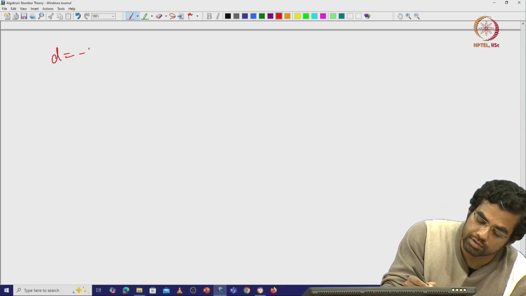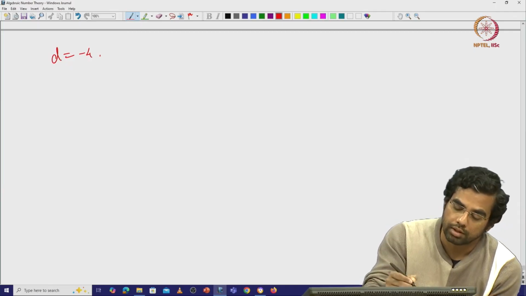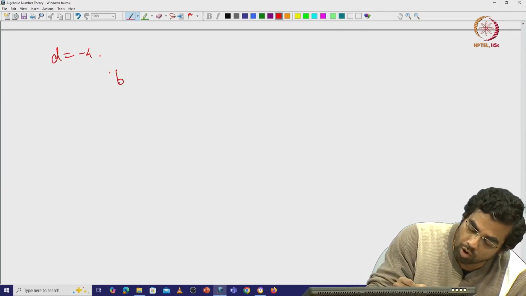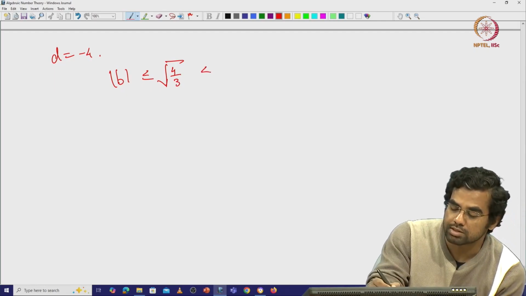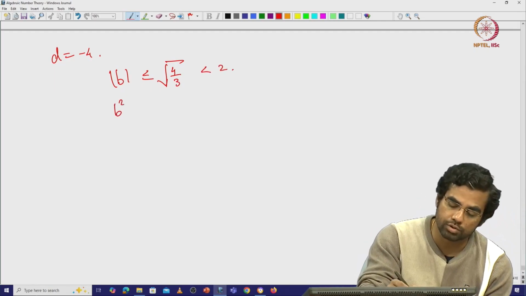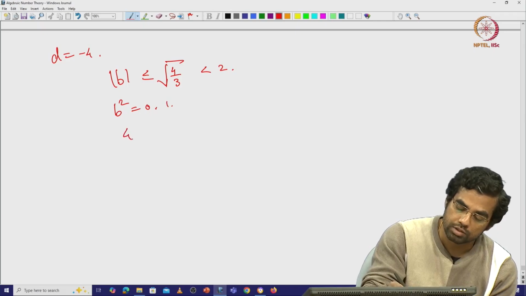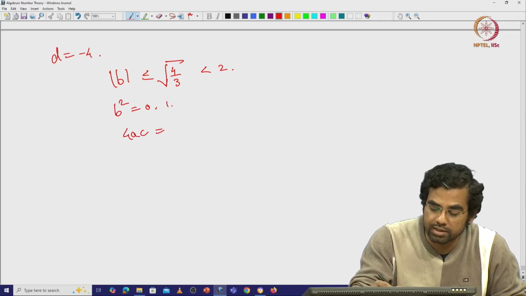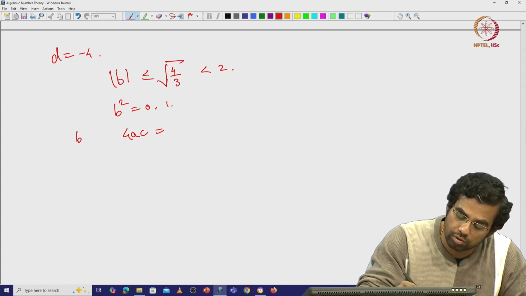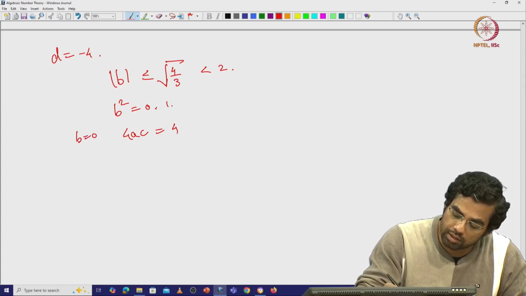d equal to minus 4. So, again mod b is less than or equal to square root of 4 by 3, which is less than 2. So, again b squared equal to 0 or 1. So, 4ac is equal to, but now there is a difference. When b is 0, you get 4 here, and so a times c is 1.